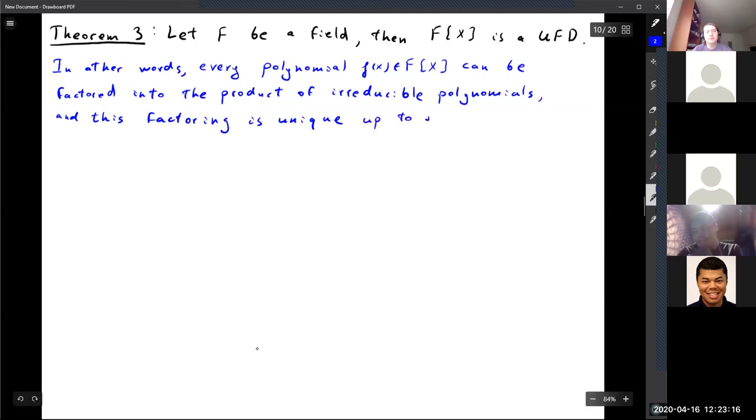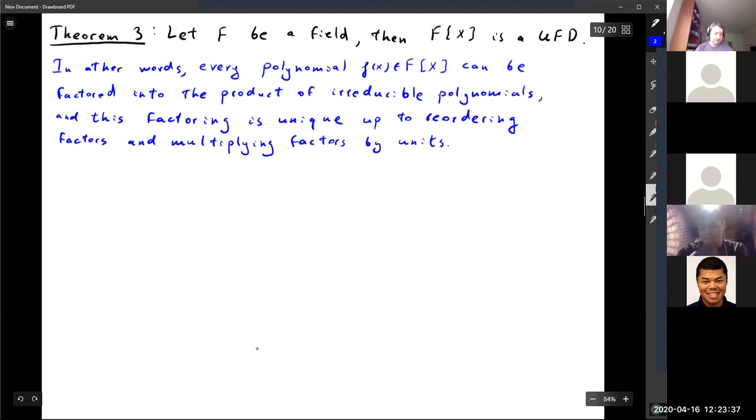Up to reordering factors and multiplying factors by units. Okay. Now, the proof of the existence part is rather easy.